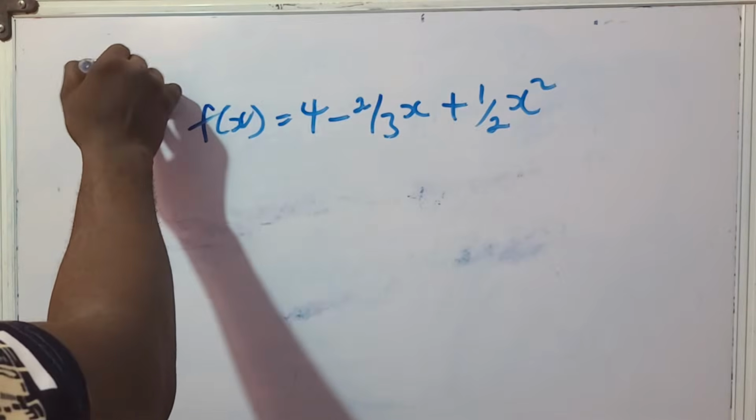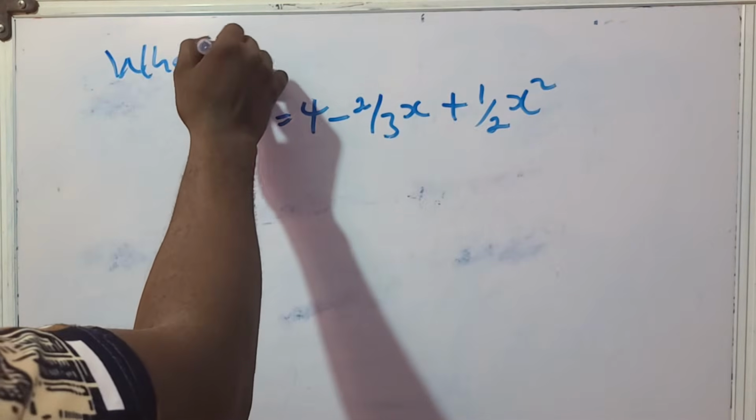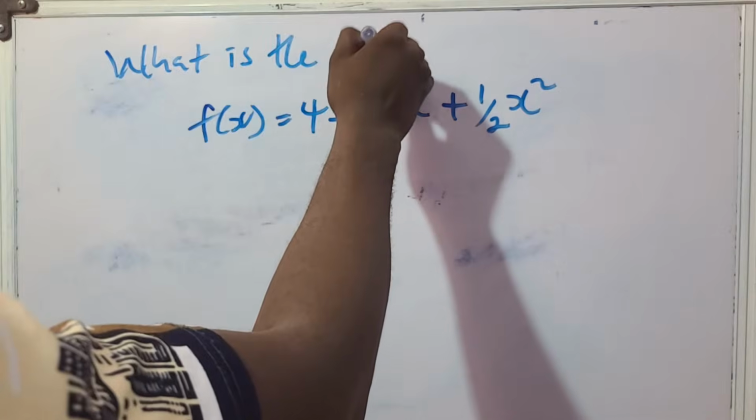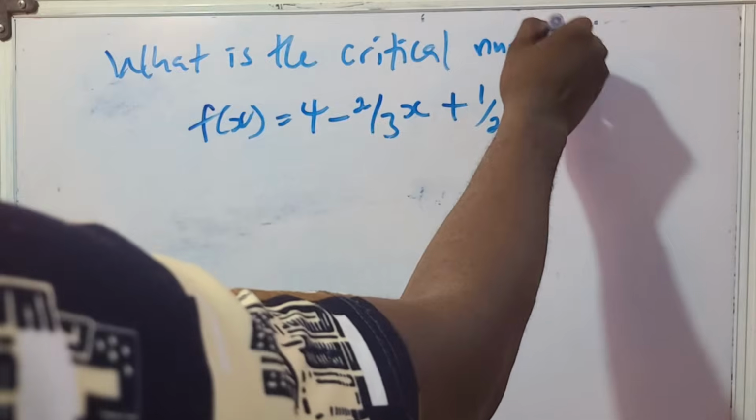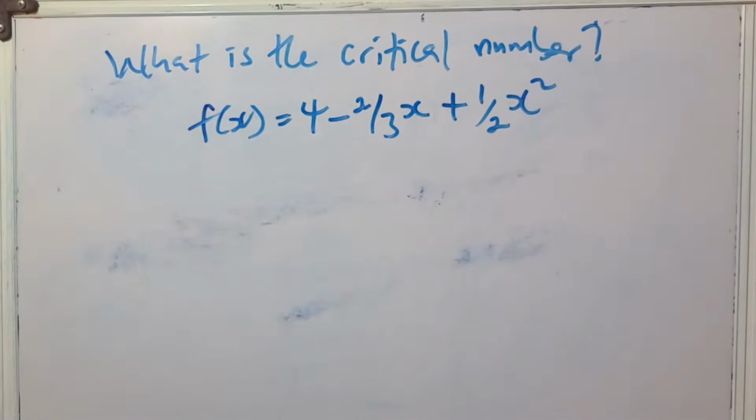So what is the critical number? Anybody with an answer quickly?